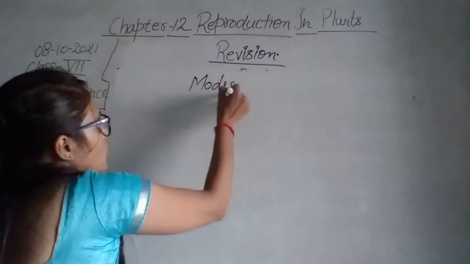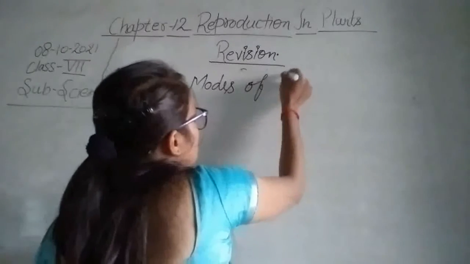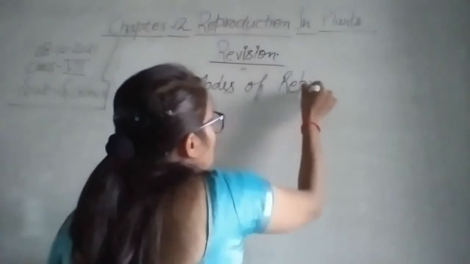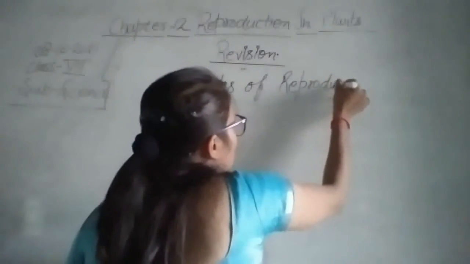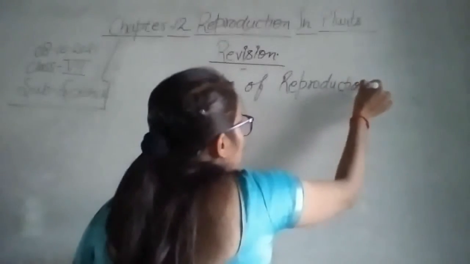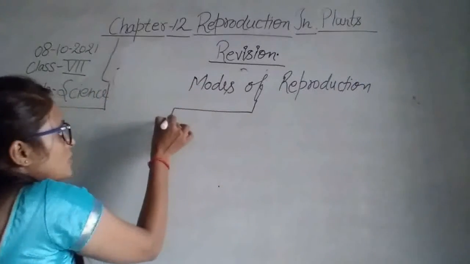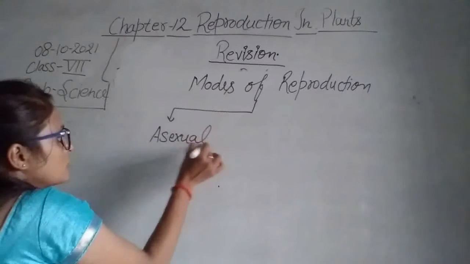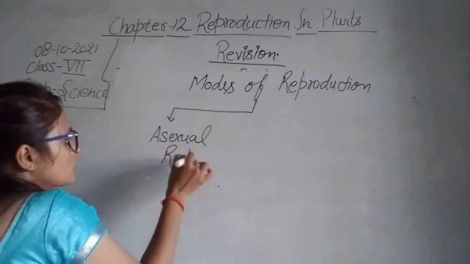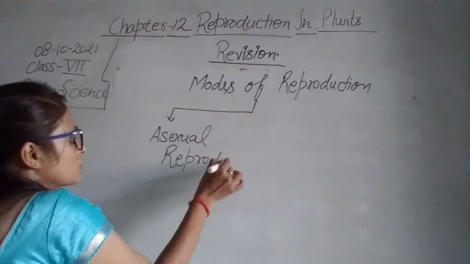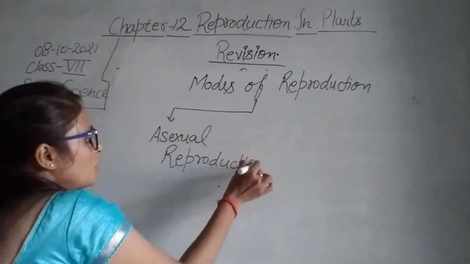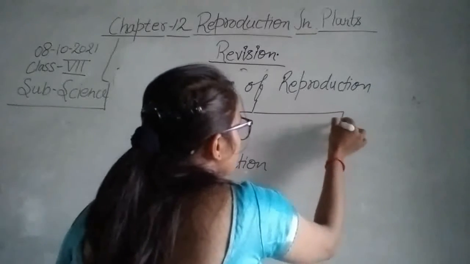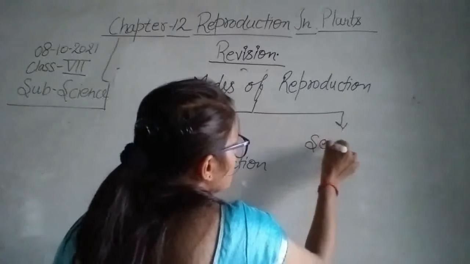First, asexual reproduction, and second is sexual reproduction.